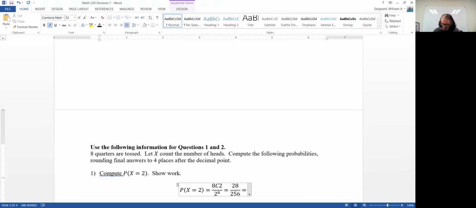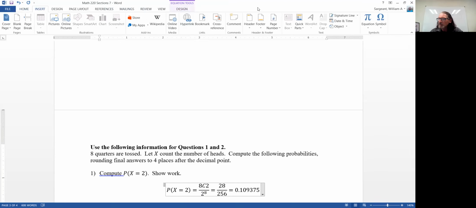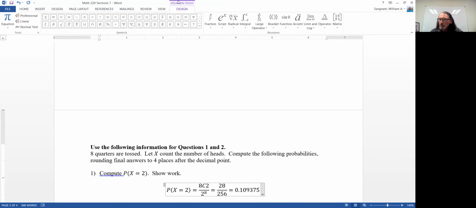And doing the division, I don't know if the rounding is going to be needed. It is, because that comes out to be exactly 0.109375, which to 4 places is approximately equal to 0.1094.